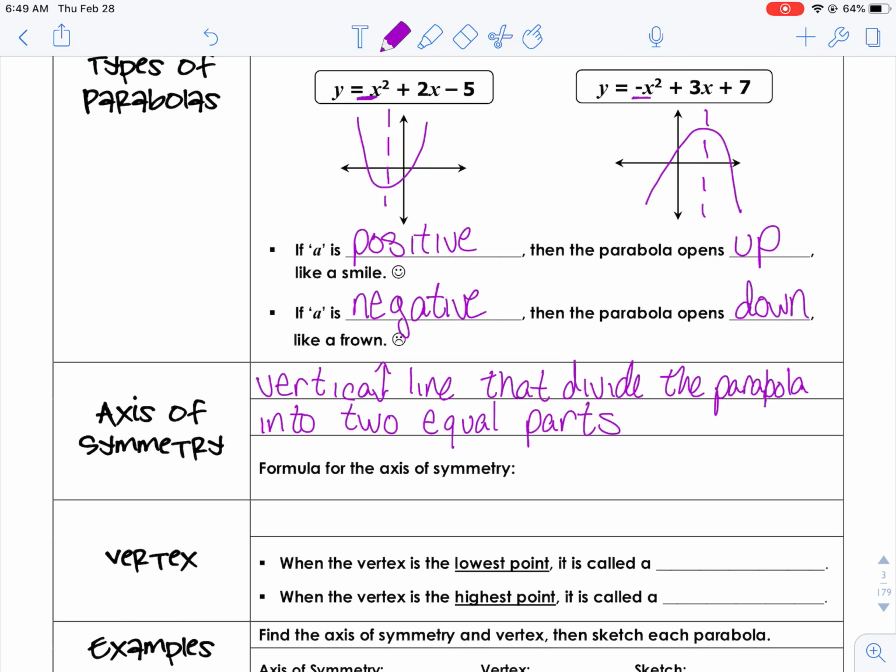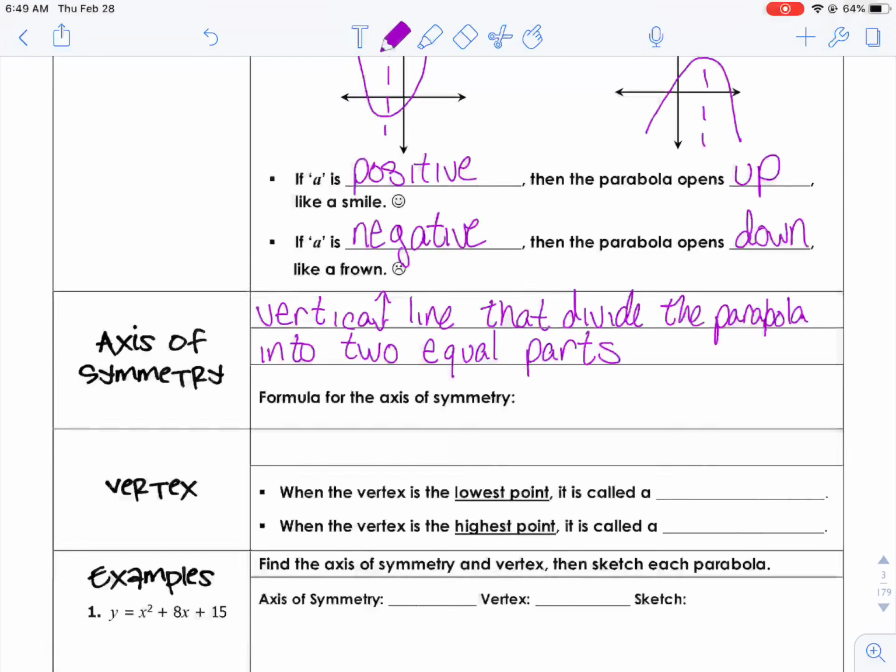The way that we find that formula, because it's vertical, it's going to be x equals, and then my formula is going to be negative b divided by 2a.